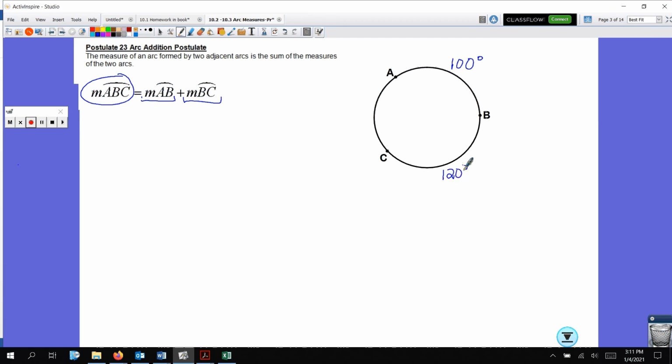If I wanted to know arc ABC, remember it goes in that order, I'm just going to add those two together, because 100 plus 120 is equal to 220. So the measure of arc ABC is 220 degrees. You just add the two arcs together.